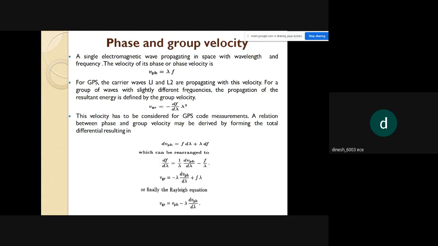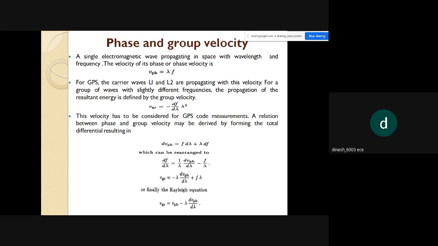For GPS receivers, the carrier waves are two, L1 and L2. If these two are propagating with a velocity, then obviously we get a group of velocities traveling with different frequencies. L1 has a different frequency and L2 has a different frequency, as we saw in the earlier classes. So the propagation of the waves will also be electromagnetic in groups.